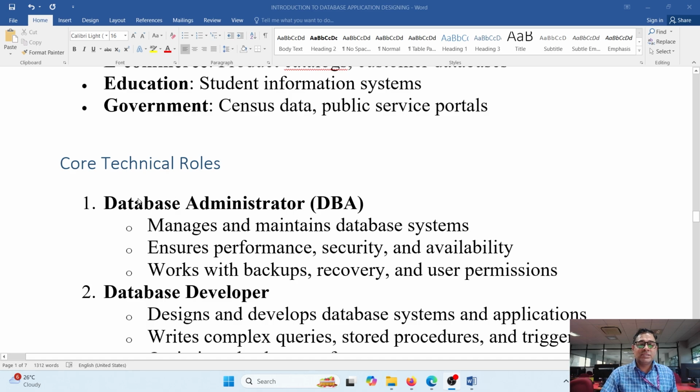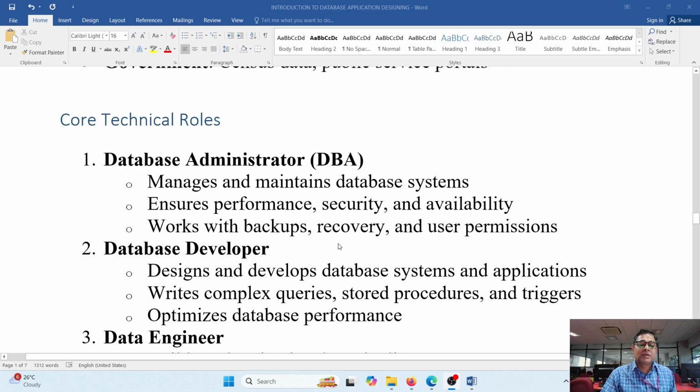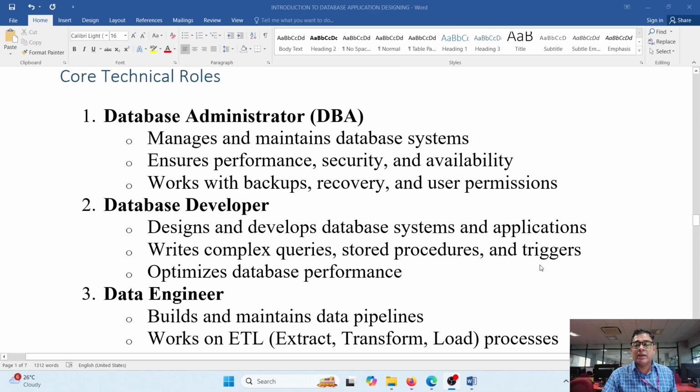Now let us understand what are the different roles that you get. There is a role called DBA, database administrators. They basically do the administration with respect to the data. Then there are database developers. They develop the database, write the queries, triggers, and finally develop whatever the application is.